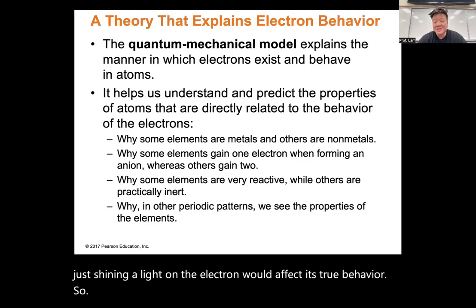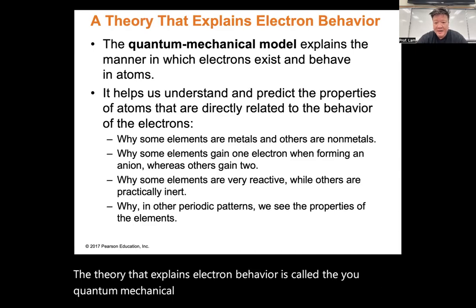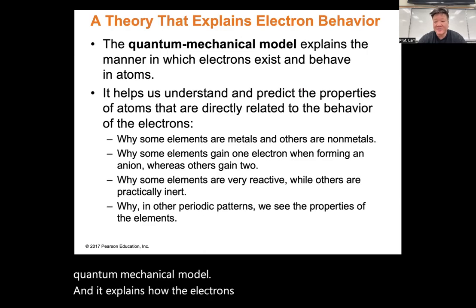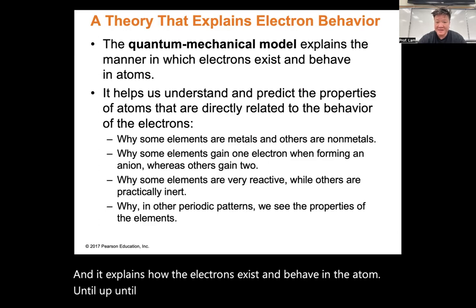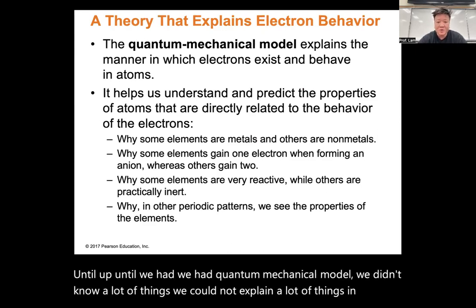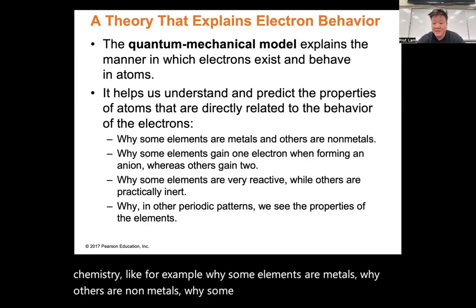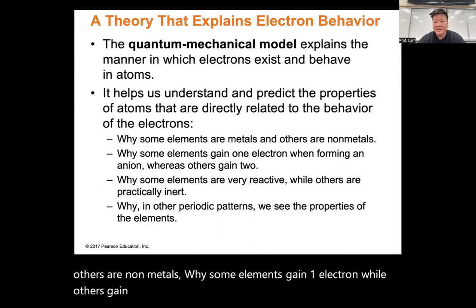The theory that explains electron behavior is called the quantum mechanical model, and it explains how the electrons exist and behave in the atom. Up until we had the quantum mechanical model, we didn't know a lot of things. We could not explain a lot of things in chemistry. Like, for example, why some elements are metals, why others are not metals, why some elements gain one electron while others gain many, or they lose electrons, right?